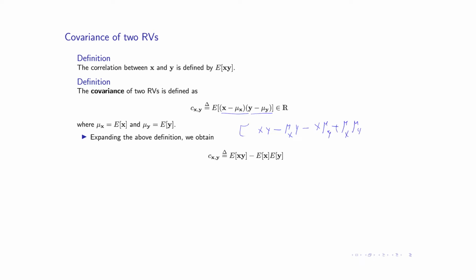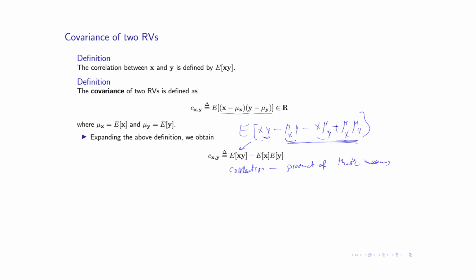Now if you calculate the mean of that, you get the mean of each of these terms. Of these three, two of them cancel each other, and one of them stays. So you see that the covariance of two random variables is equal to the correlation minus the product of their means.